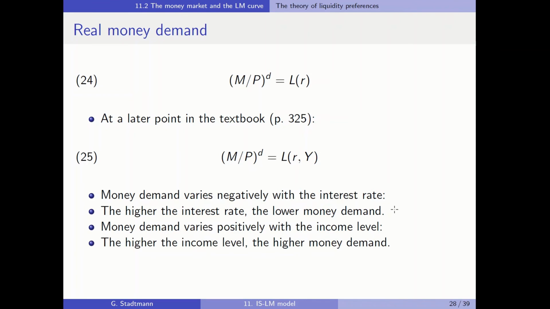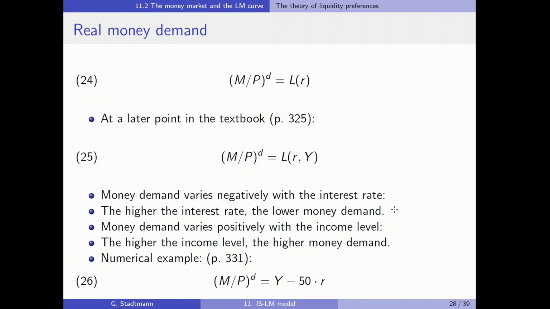And money demand varies positively with the income level. The higher the income level, the higher money demand. Why is that? In a situation where GDP is relatively high, a lot of transactions have to be performed, and therefore the households demand a lot of money. Money demand is higher in case the GDP level, the income level Y, is higher.